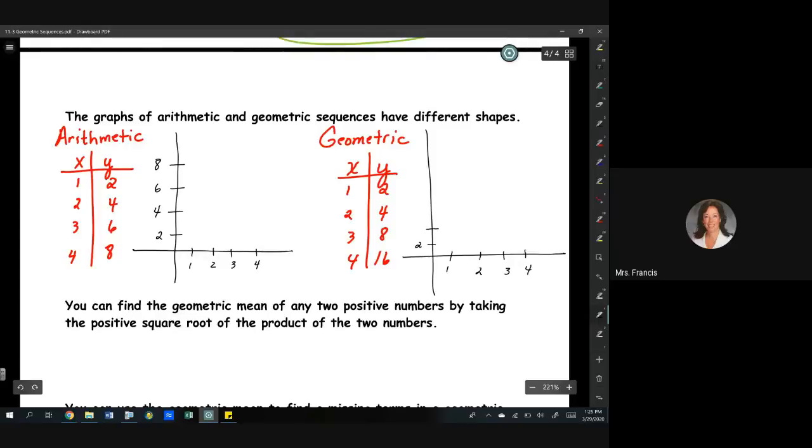Need a little bit more space for this guy because we have to go all the way up to 16. And then we're going to go ahead and plot these. So we've got 1 and 2, 2 and 4, 3 and 6, 4 and 8. And you'll notice with this one, we've got a line. We've got a linear graph.